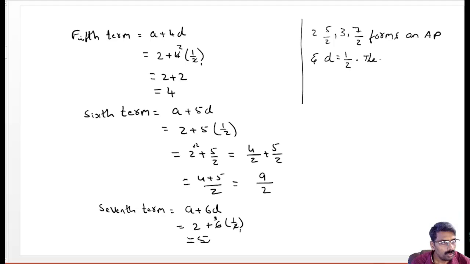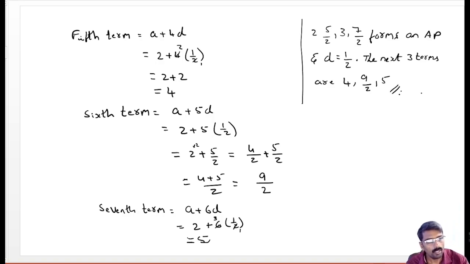So the next three terms are 4 comma 9 by 2 comma 5. So this would be our final answer.